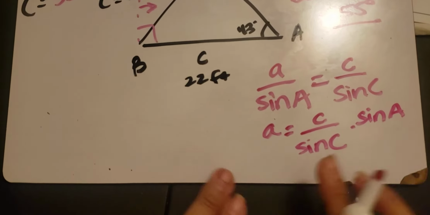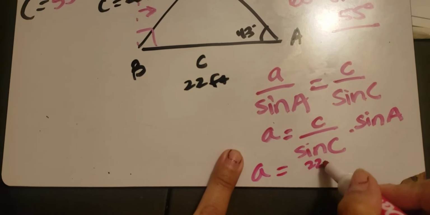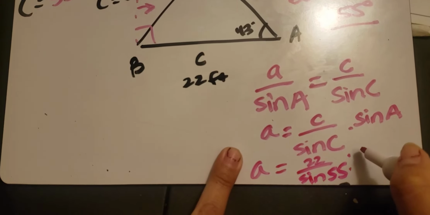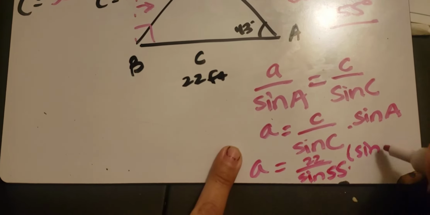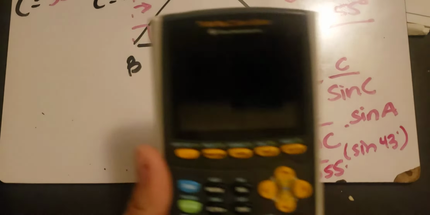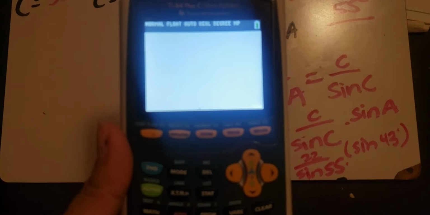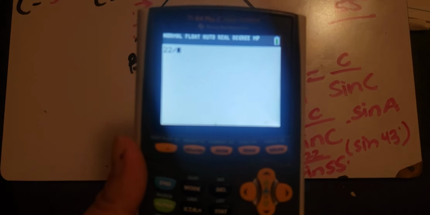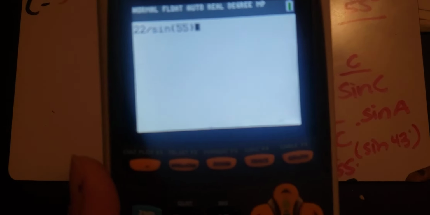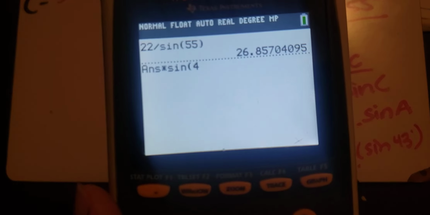Sorry, I just had to move that. Now I'm just going to substitute all my values. So A equals C, which is 22 feet, over sine of 55 degrees times sine of 43 degrees. I'm going to use my calculator to figure that out. Let me turn it on. It is in degrees, so I'm good. I'm going to write 22 divided by sine of 55, and then times sine of 43.